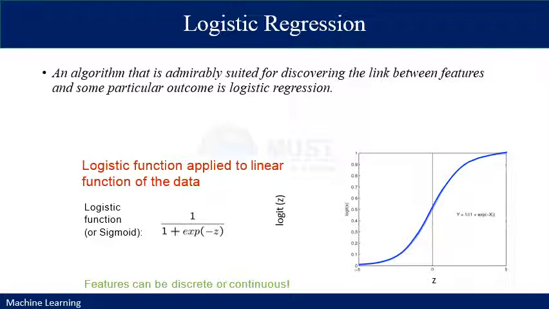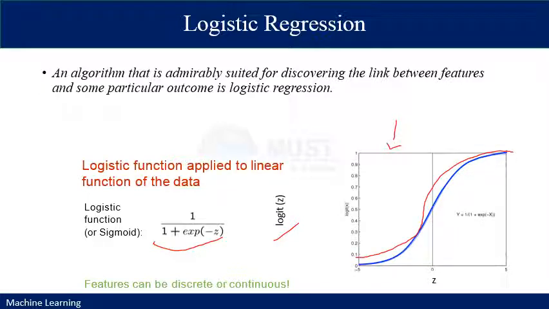Logistic regression uses a sigmoid function defined as sigmoid of z equals 1 over 1 plus exponent of minus z. It is often called logit z, which is plotted in this figure. The term sigmoid means S-shaped.